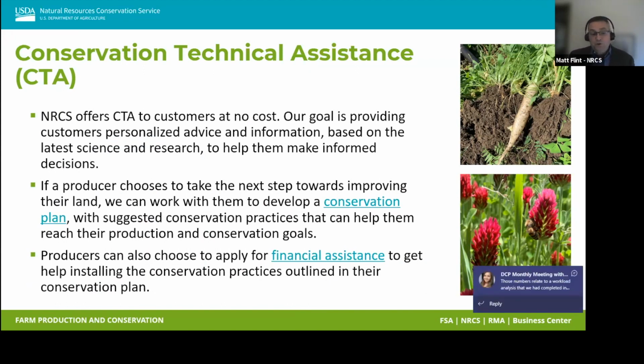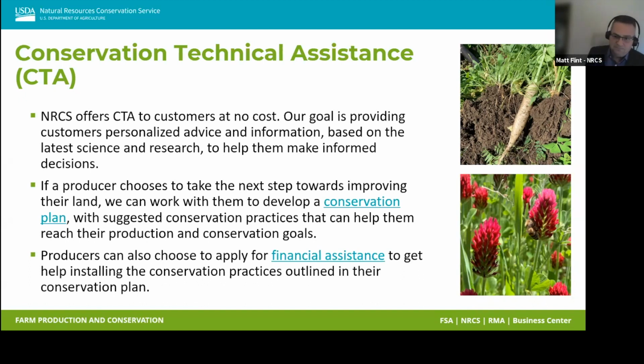If the producer chooses to go on toward implementing conservation practices based on our assistance, we can work with them to develop a conservation plan that records their decisions and gives them instructions on how to carry it out. They can also choose to apply for financial assistance, but usually this no-cost voluntary technical assistance, or CTA, is the gateway to a new client becoming involved with NRCS. Go on to the next.